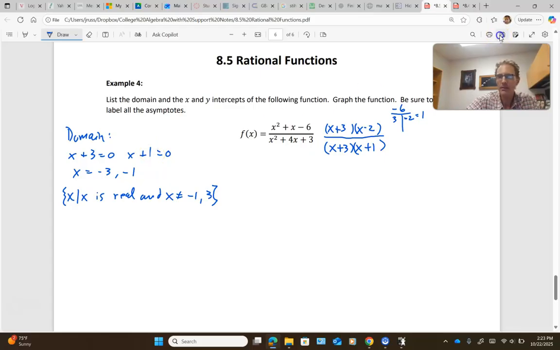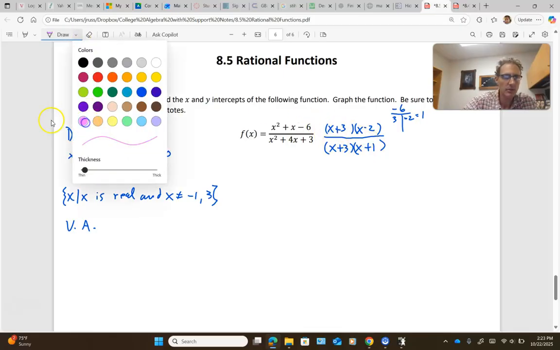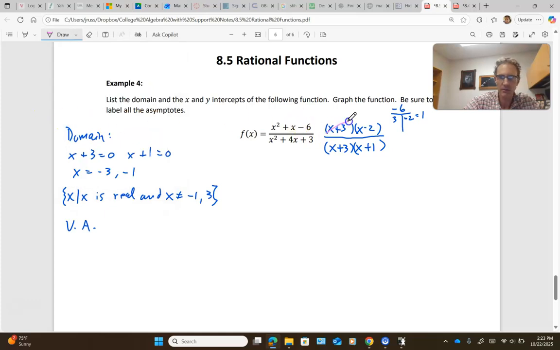Since I'm already working with my denominator, I like to find the vertical asymptotes next. Those come from the denominator as well. However, that's after your function has been simplified. When you actually simplify your function, there's a pair of common factors.